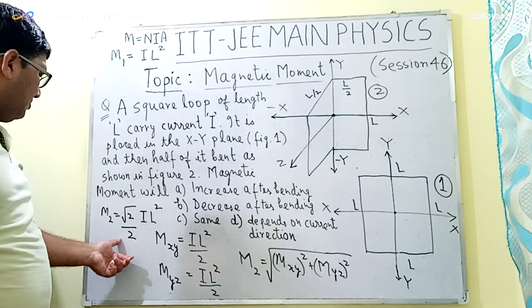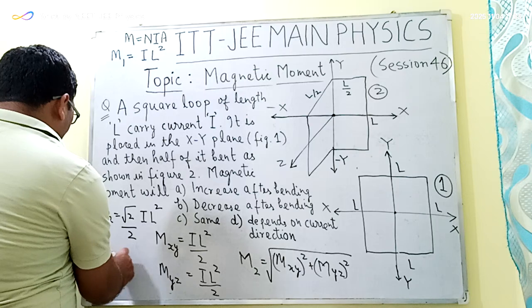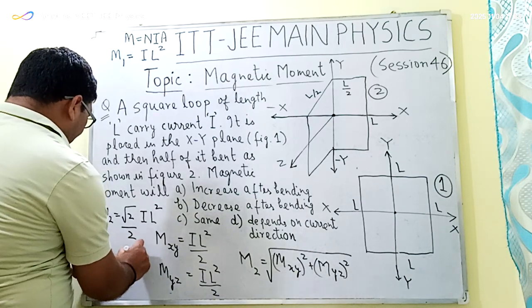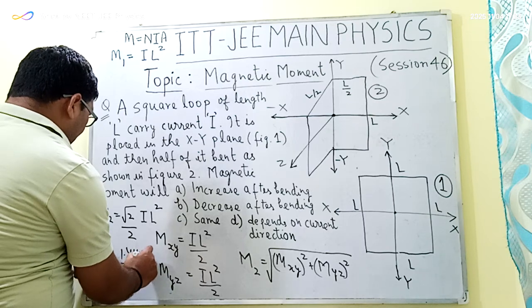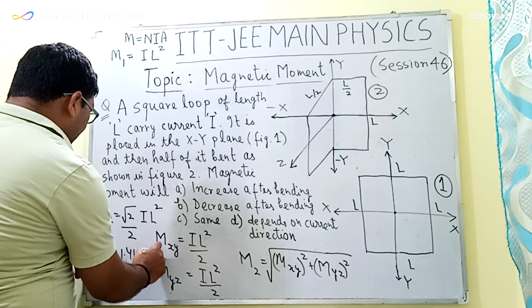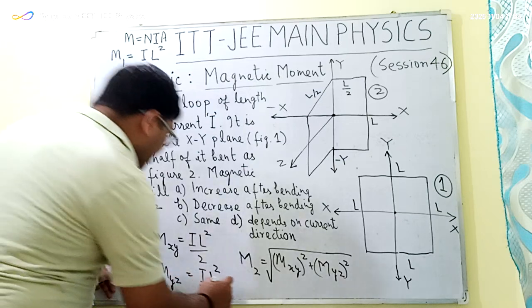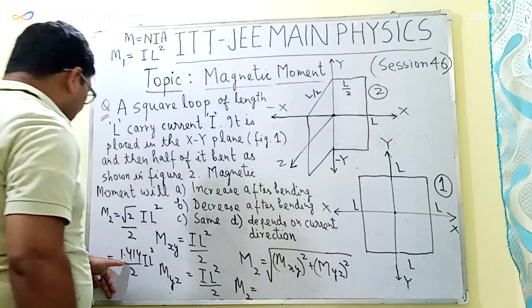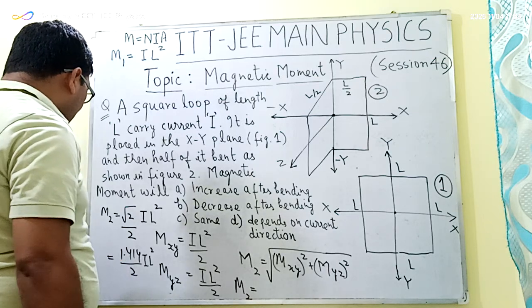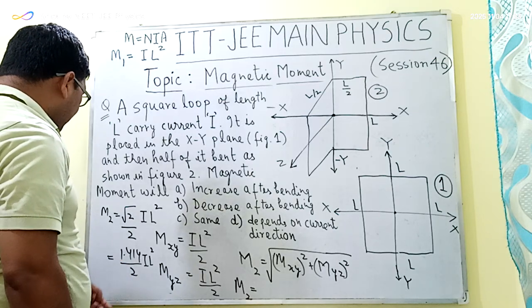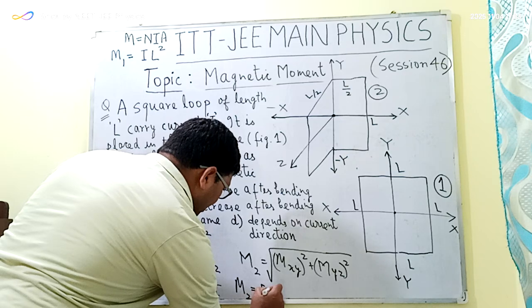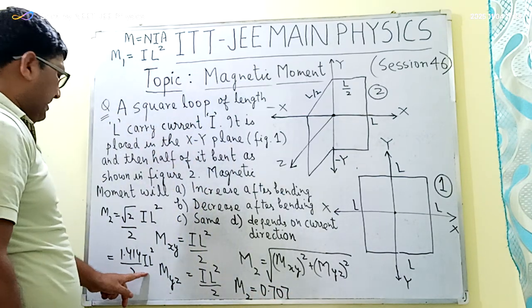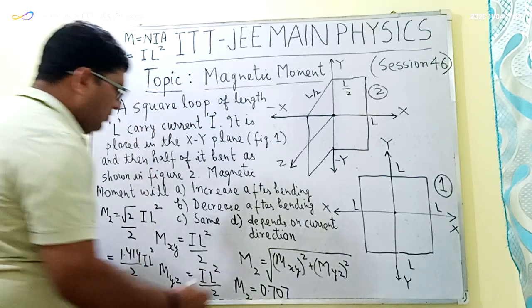Root 2 is 1.414, so divided by 2, I L square. If I divide 1.414 by 2, this will go to 0.707 I L square. Now I L square is basically equal to M1.